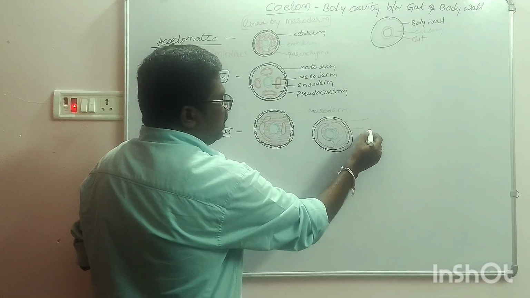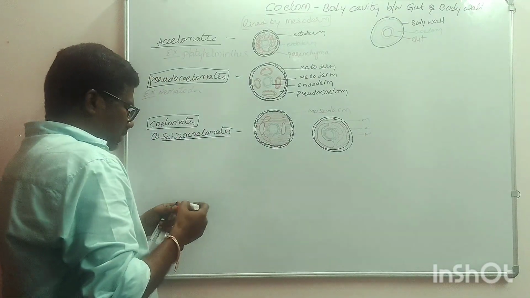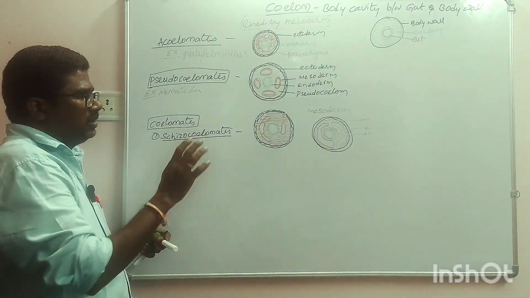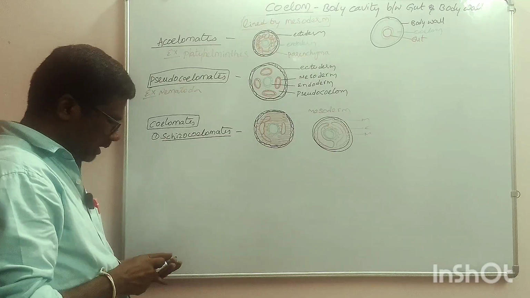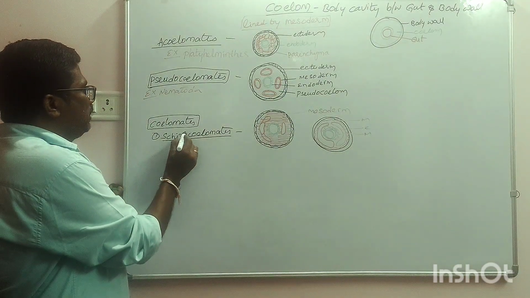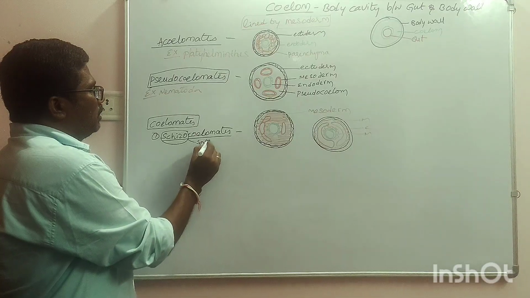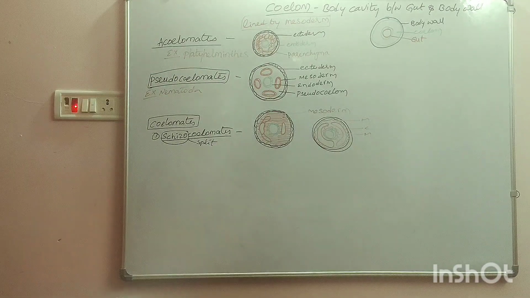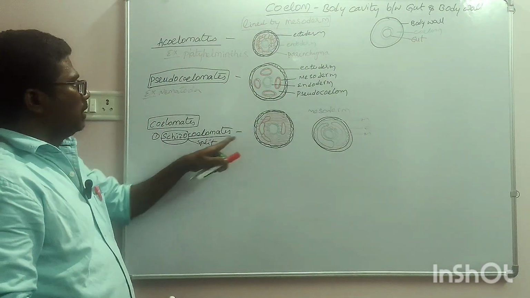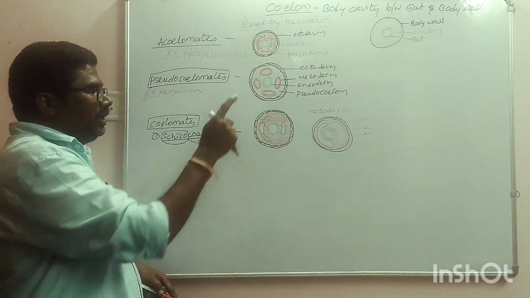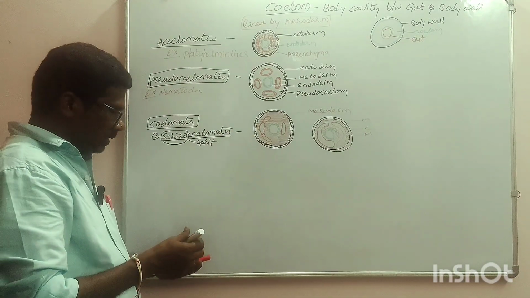In between there is coelom. So like this coelom is formed in the schizocoelomates. Schizo means split, so the mesoderm is splitting and forming the coelom here.